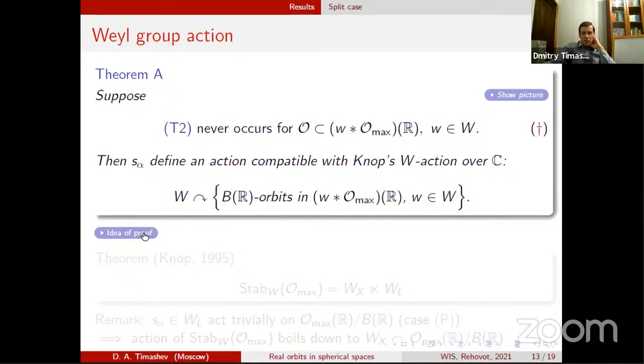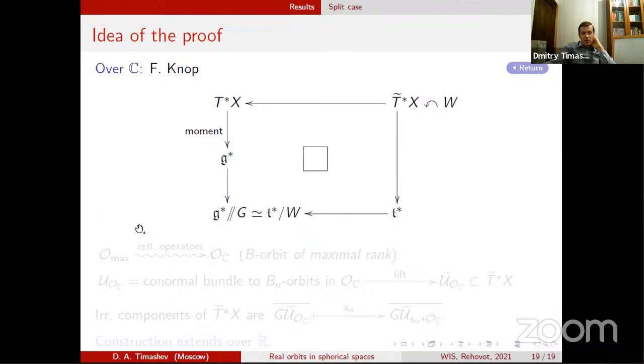Maybe it is worth saying a few words about the idea of the proof. To explain it, I first need to explain the complex situation, namely how Friedrich Knop related the W action on Borel orbits with the geometry of the cotangent bundle of X. The relation is the following.